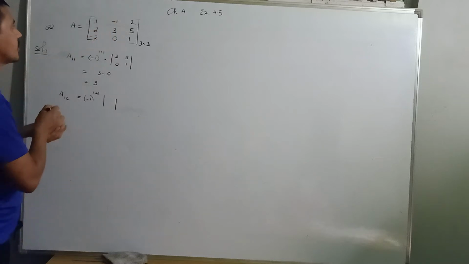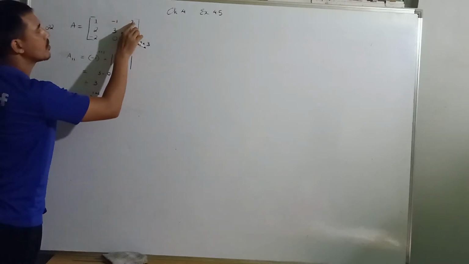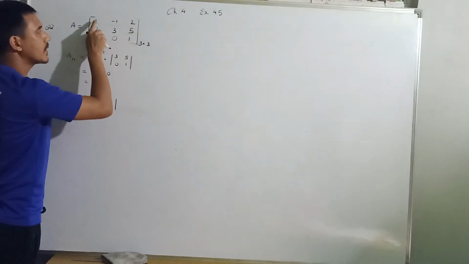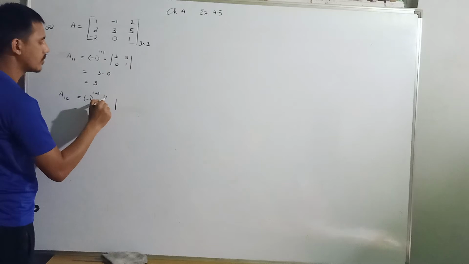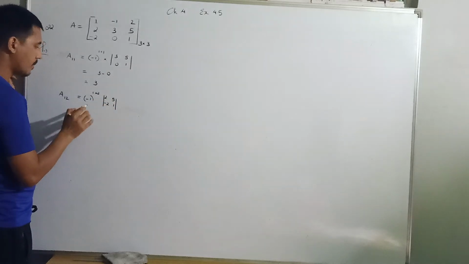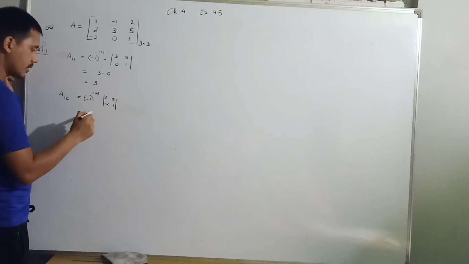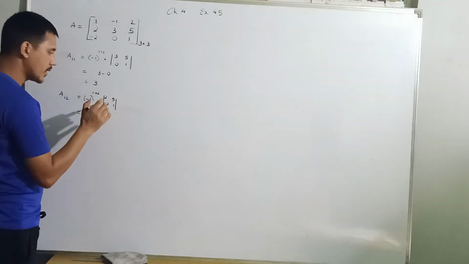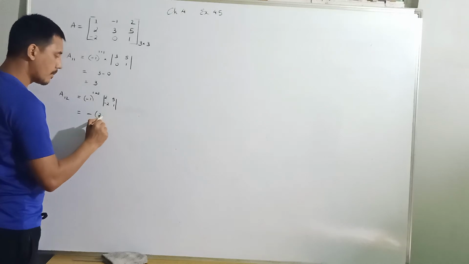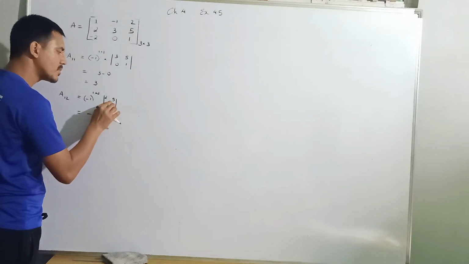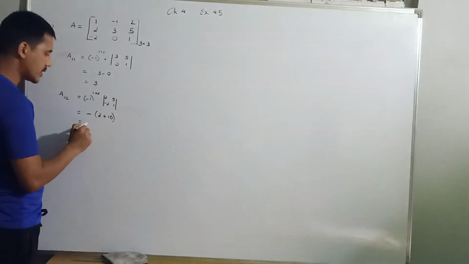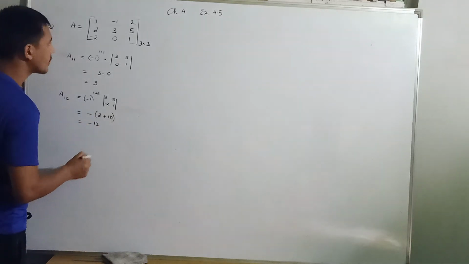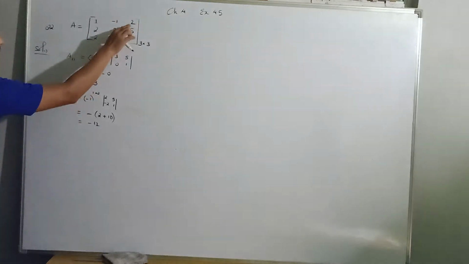So neglecting first row and second column, we take the determinant of the remaining: 2, 5, minus 2, 1. Minus 1 to the power 3 is negative. 2 times 1 is 2, minus 2 times 5 is minus 10, so I write plus 10. So that is minus 12.